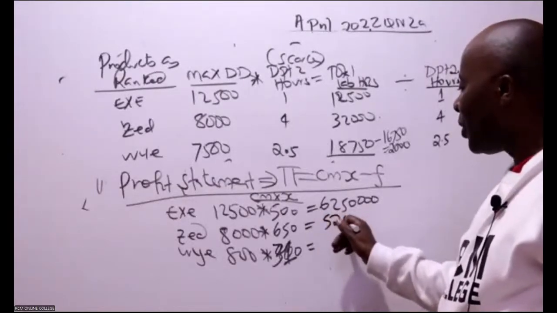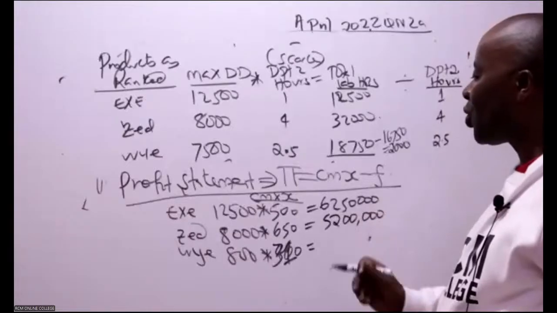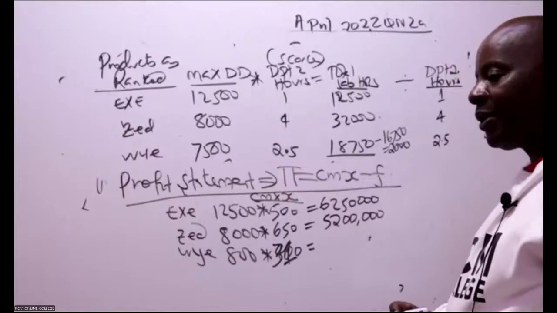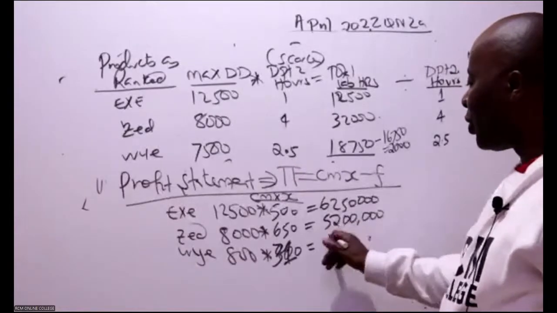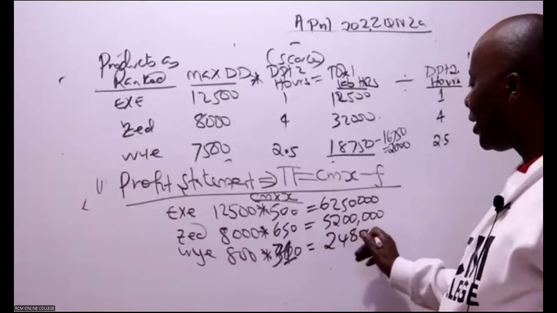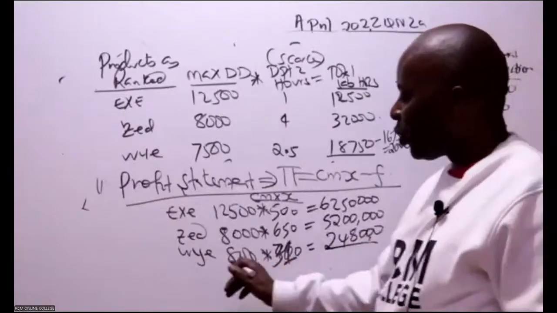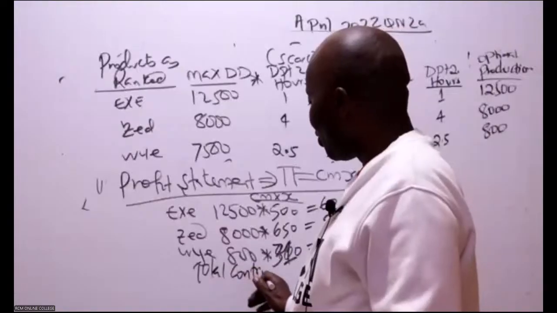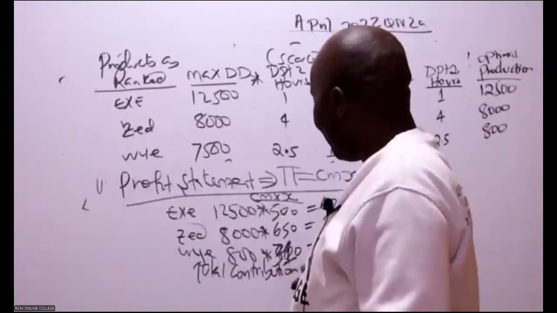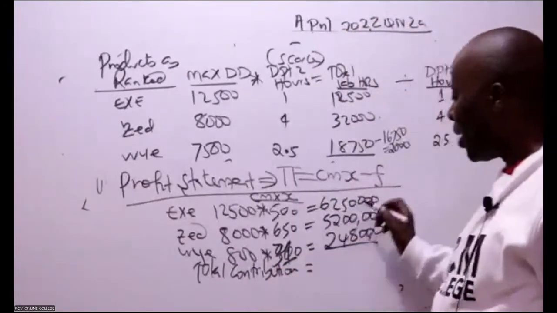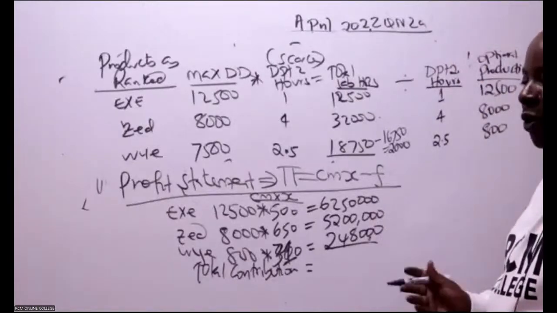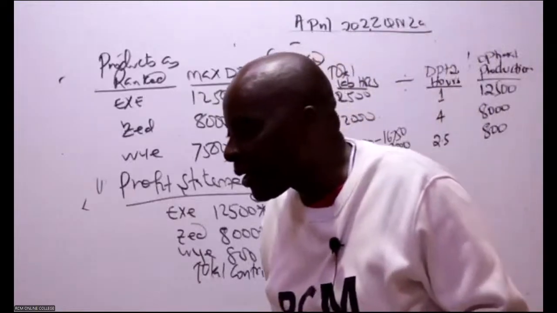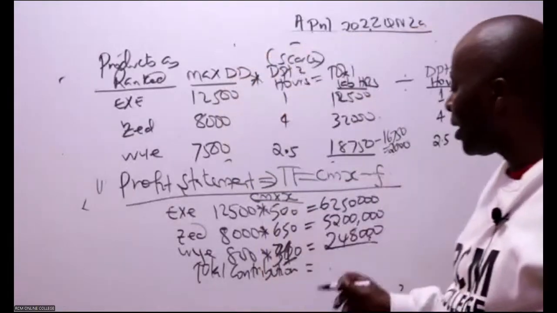And then 800 times 310 gives us 248,000. So are you able to give me the total contribution? You add the three, because all the products will be contributing to our profitability. So we have here 11,698,000.